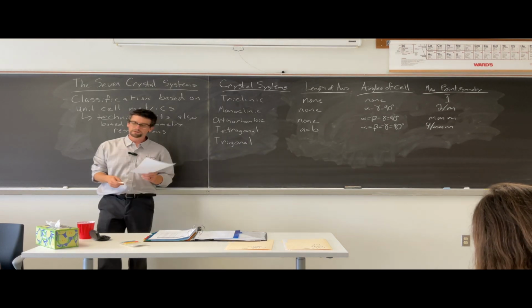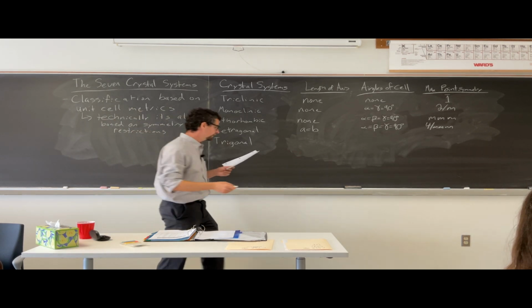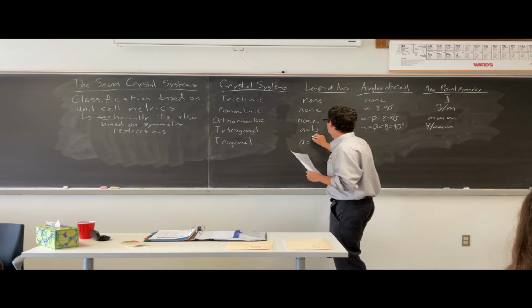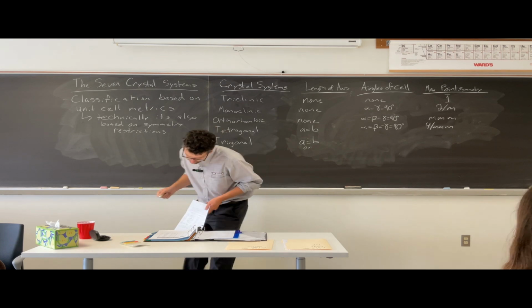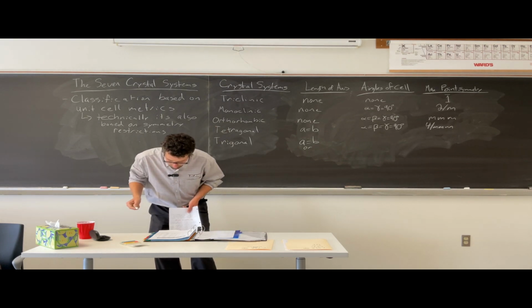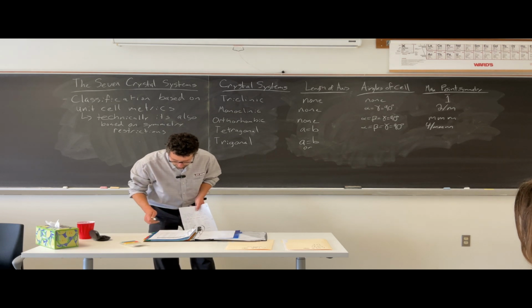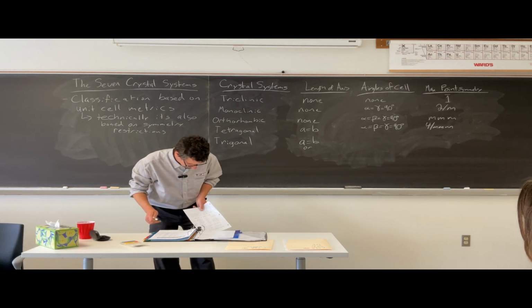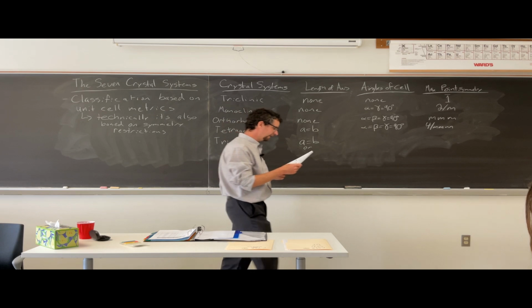Trigonal. Trigonal and hexagonal sometimes can fall into one another, or you can reduce them down to each other. A is equal to B. Does it give you an C? It's not on there.